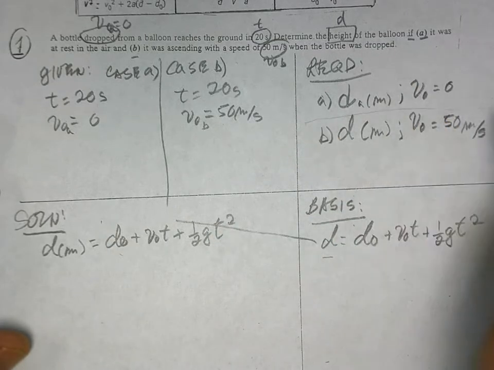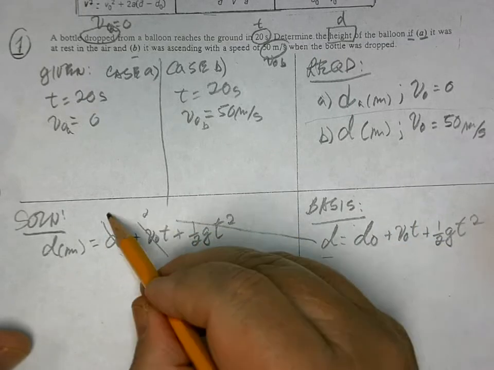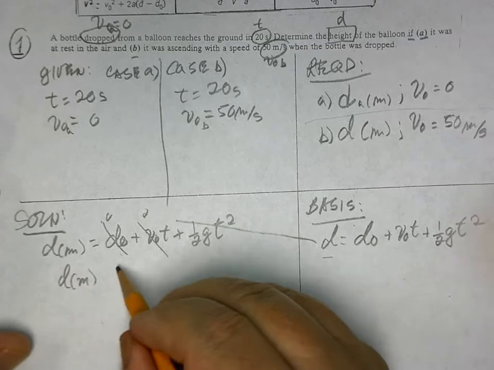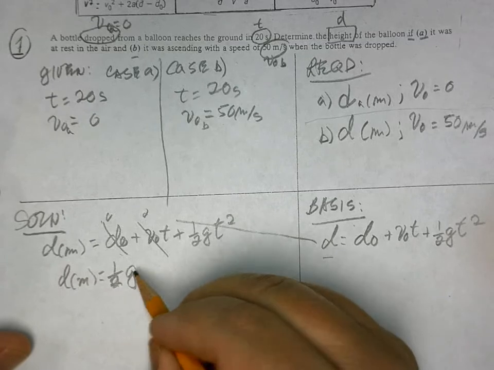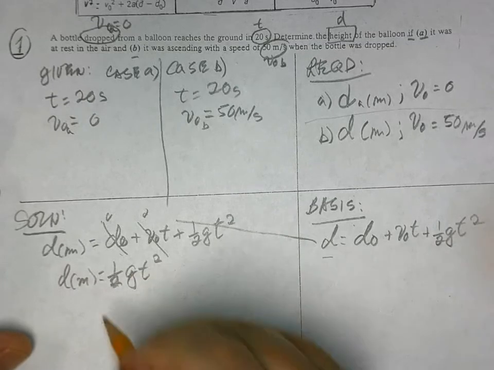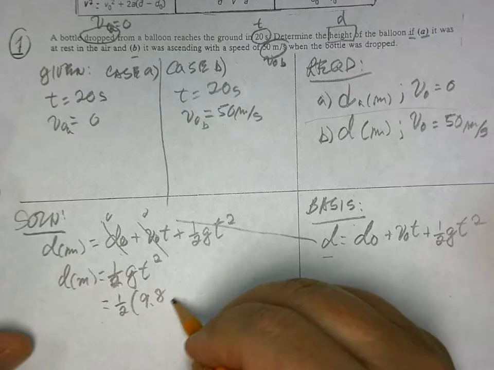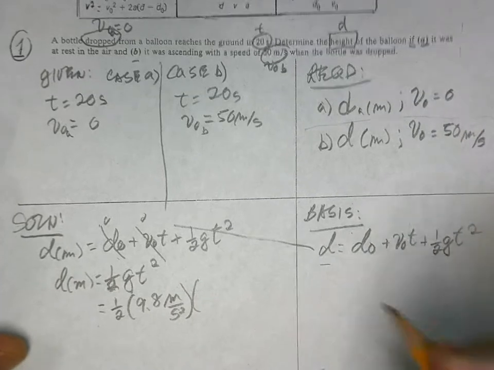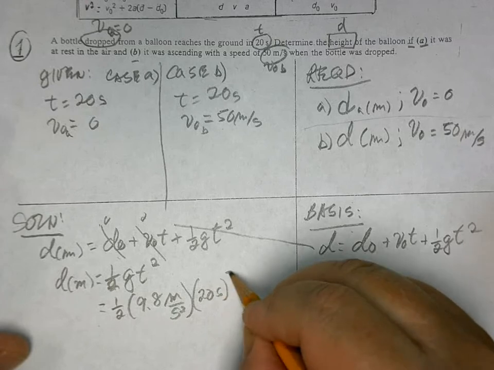So for case number A, D0 is 0, V0 is 0, right? So you're left with D in meters, 1/2 gt squared. And you're given that 1/2 times 9.8 meters per second squared times 20 seconds squared.